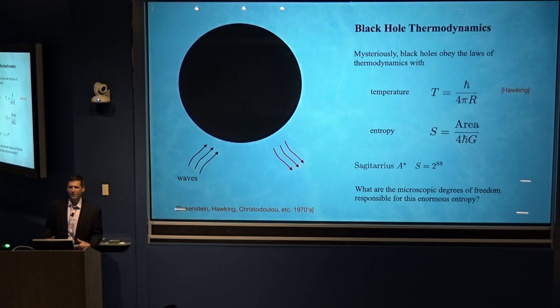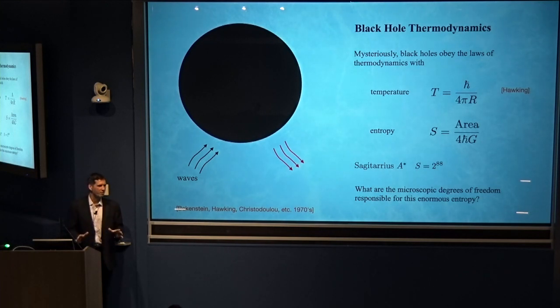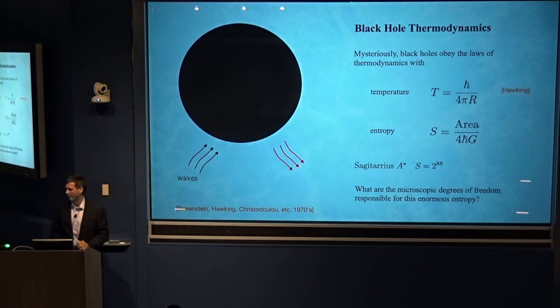That number might not be very meaningful to you, but the entropy measures how complicated an object is. It measures how many parts it's made of and how complex it is. And that number, 2 to the 88, is about the same as the entropy of all the known matter in the observable universe. This is an enormous amount of entropy that tells us that black holes are extremely complex.